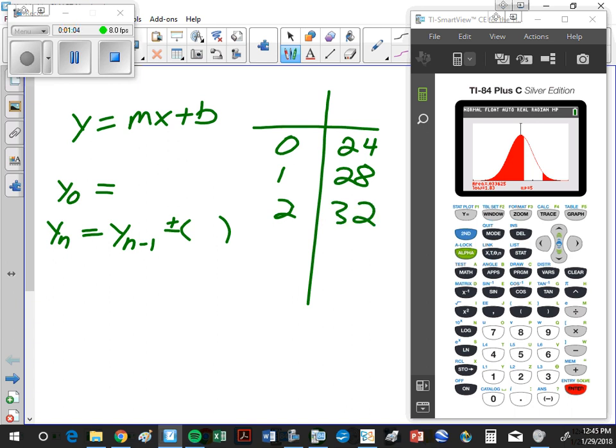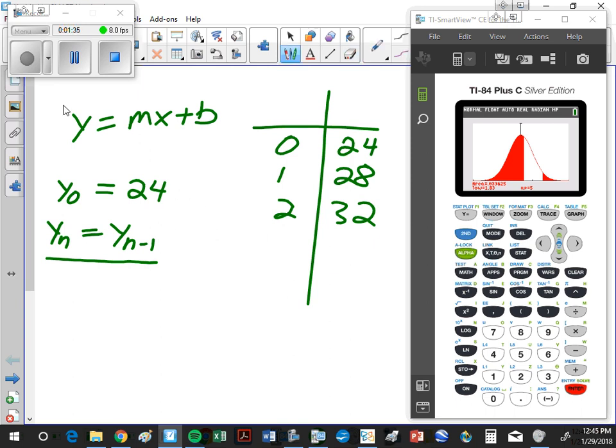So how much are we changing every minute? 4. And how much did we start with? 24. So the recursive equation, y sub 0, right now, equals 24. And remind me what this means. For any minute, the calculation is simply the last minute, and then in this case plus 4.